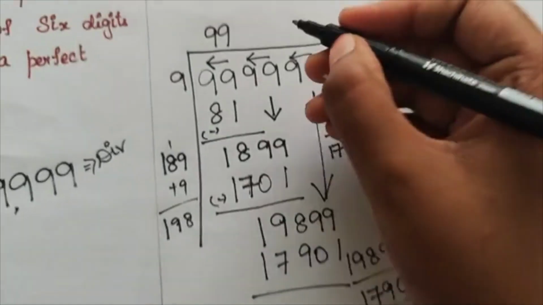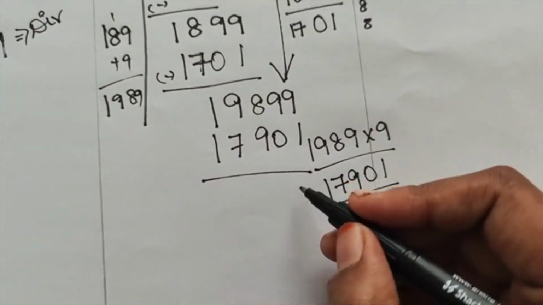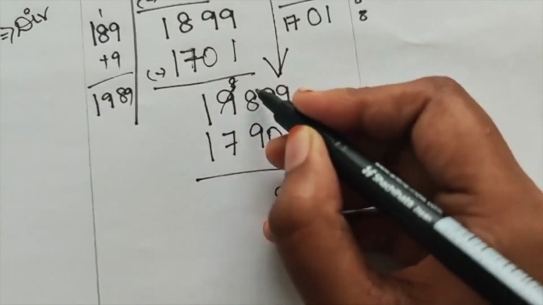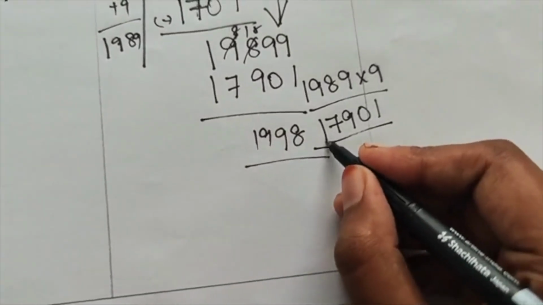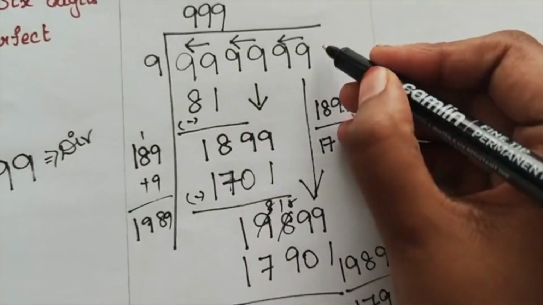Let's subtract these two. Subtracting, we get the remainder as 1998, and this is the dividend.